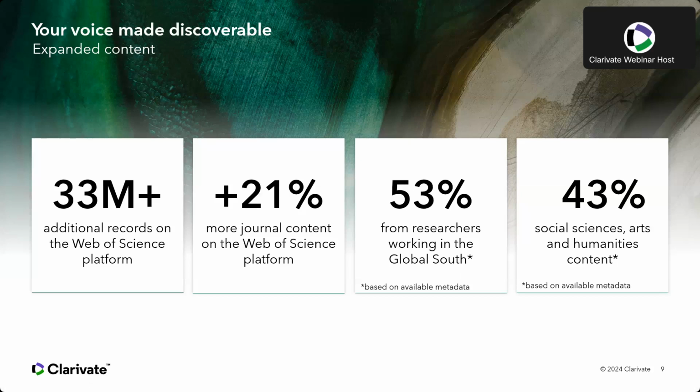And there is also, out of these 33 million publications, 43% of them in social sciences, arts, and humanities. It's quite interesting to use this database so that you consult a more comprehensive set of research on a specific topic of interest within the platform, within the Web of Science.